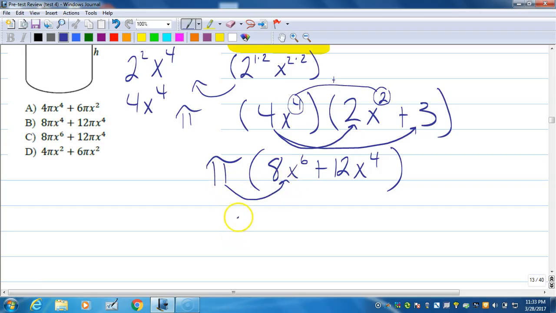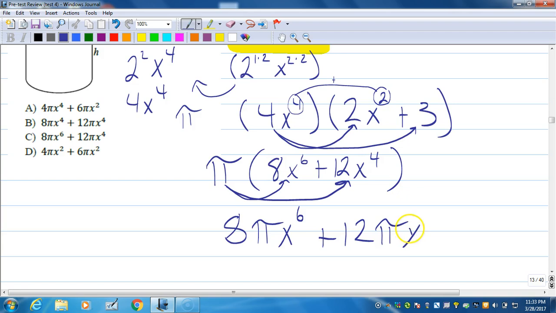Leave pi alone. It's 8 pi with x to the 6 plus, multiply this way, 12, bring in the pi symbol, and then x to the fourth. So 8 pi x to the 6 plus 12 pi x to the 4. Answer C.